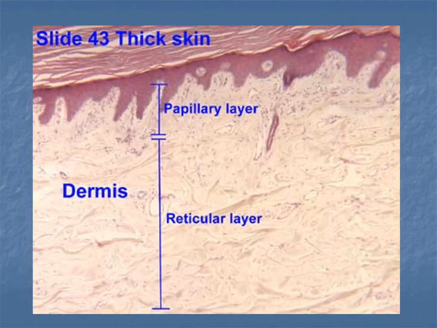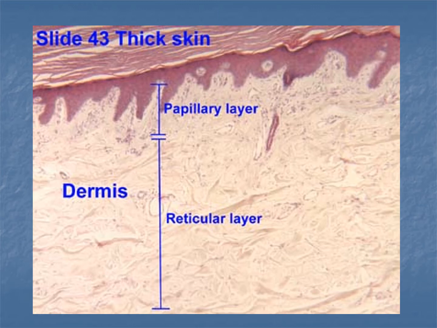The dermis may be divided into 2 layers, papillary layer and reticular layer. The papillary layer has finger-like projections into the epidermis, and it has vessels to supply oxygenation and nutrients to the epidermis.